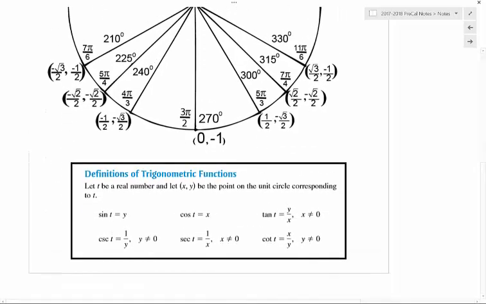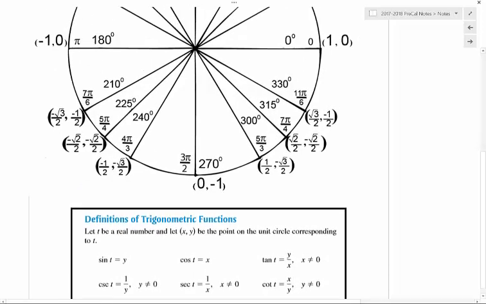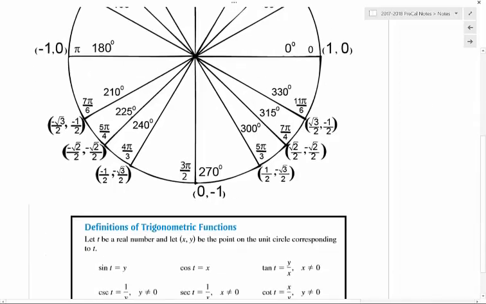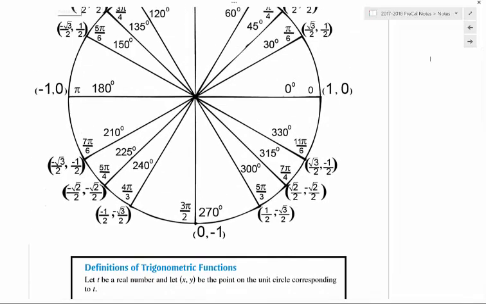So for example, if the tangent of an angle is y over x, where x does not equal 0, well, x equals 0 at 90 and 270. So thus there is not a tangent, it's just undefined at that angle. The cosecant of t is equal to 1 over y, where y does not equal 0. So where does y equal 0 at?